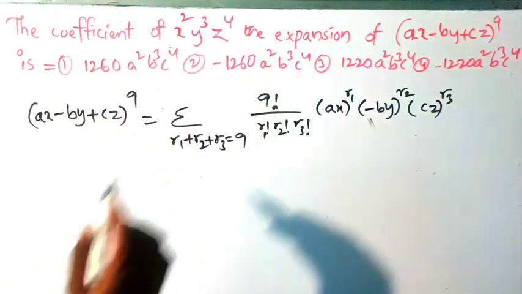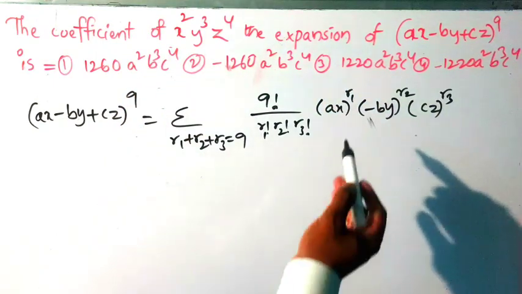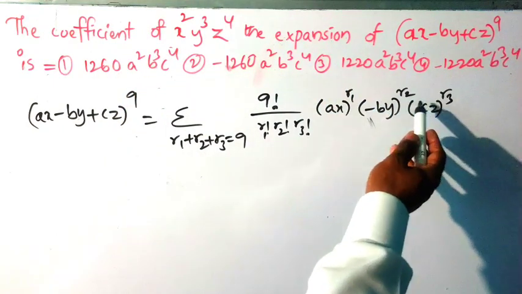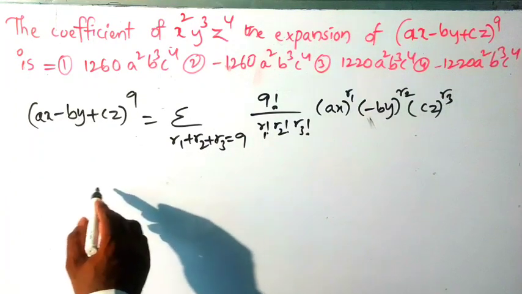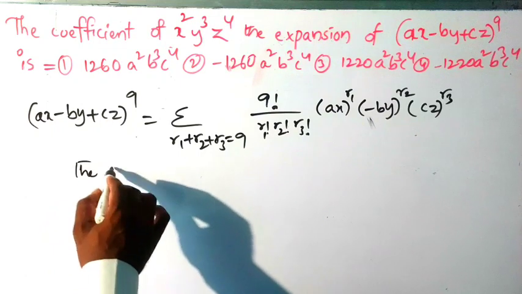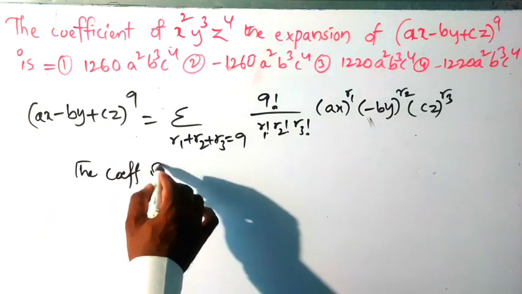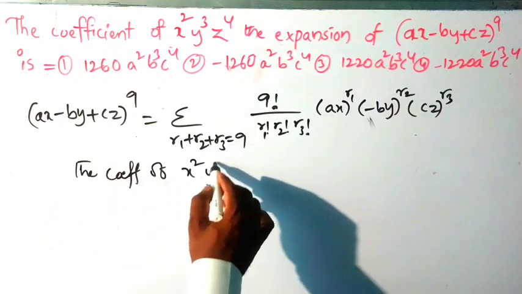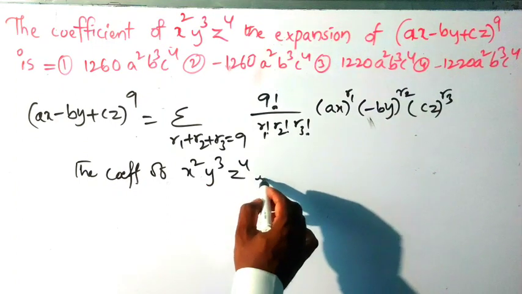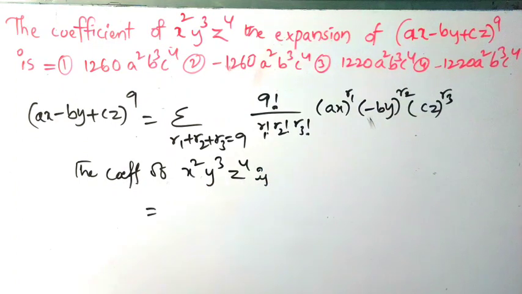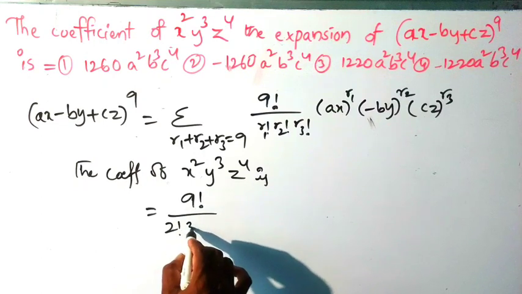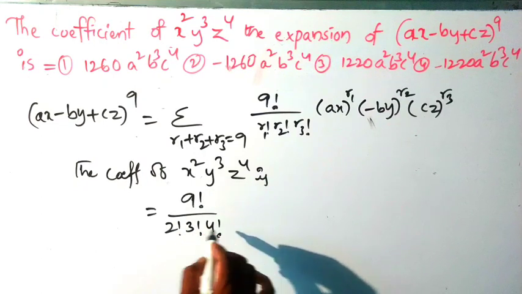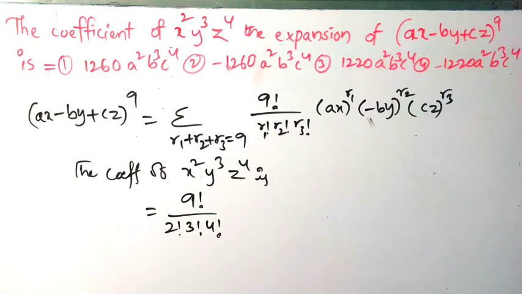x power of 2, y power of 3, z power of 4. So how to get here? r1 equals 2, r2 equals 3, r3 equals 4 we take it. So the coefficient of x square y cube z power of 4 is 9 factorial by 2 factorial, 3 factorial, 4 factorial, with r1 equals 2, r2 equals 3, r3 equals 4.